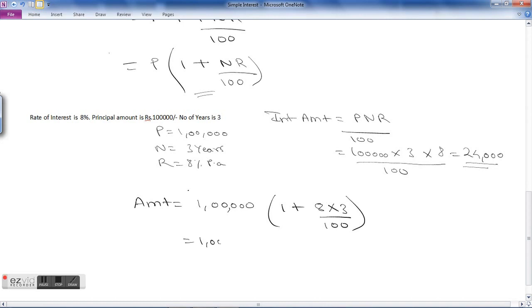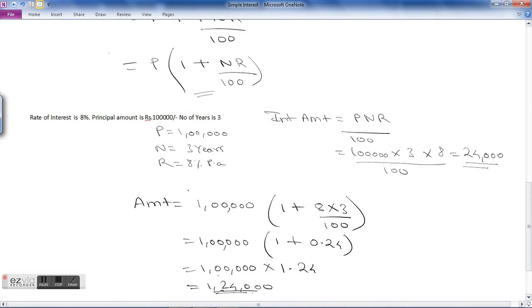So that comes to 1 lakh into 1 plus 8 3s are 24, and 24 divided by 100 is 0.24. So that comes to 1 lakh into 1.24. So this ultimately comes to 1,24,000. This is the amount we will be getting after the 3 years.